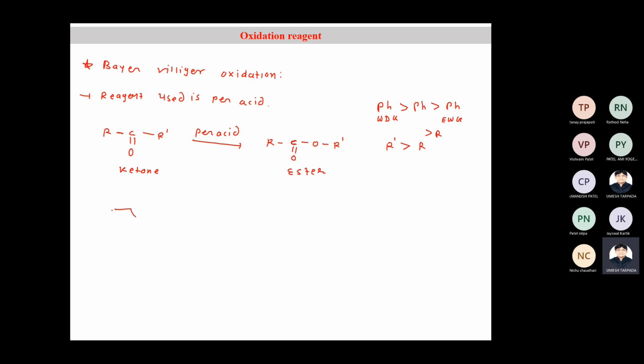Suppose you are having this type of phenyl ring, then where is oxygen inserted? Oxygen is inserted on the side of the ring which is more nucleophilic. This is the migrating aptitude.